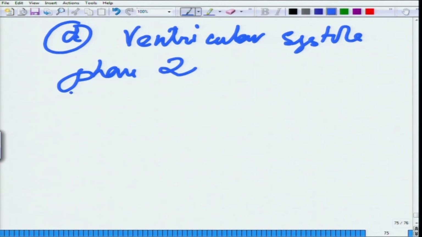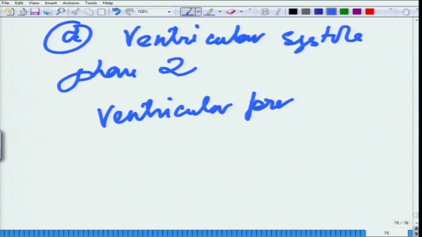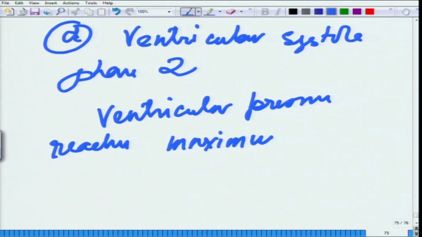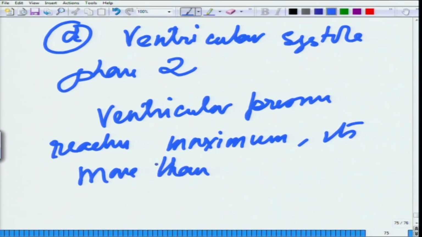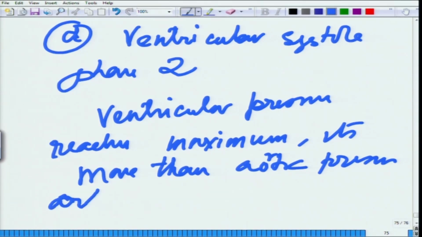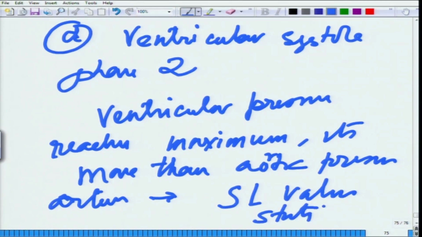This is the time when the ventricular pressure increases and reaches maximum, and it is more than the aortic pressure, the pressure of the aorta and the arteries. So, this is the time when the semilunar valve starts to open.